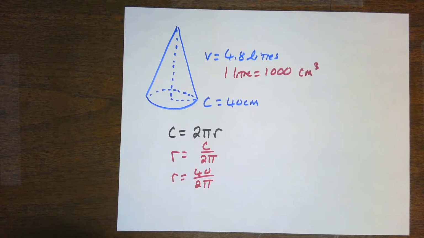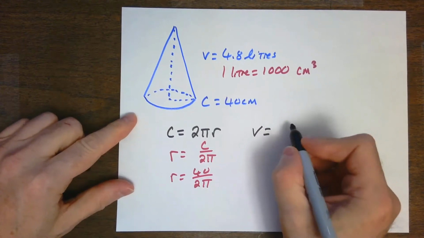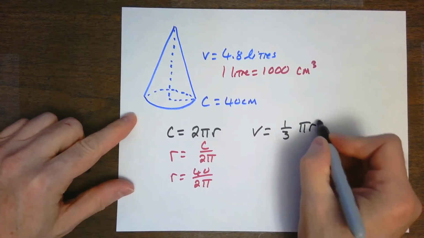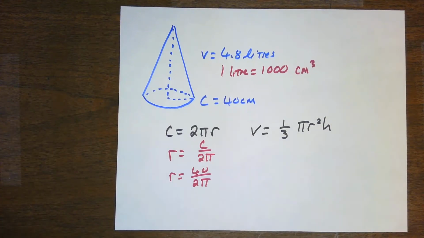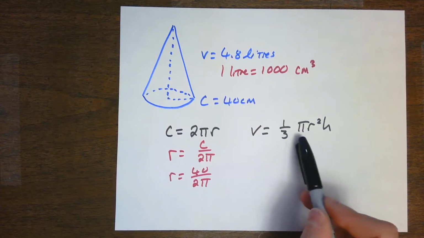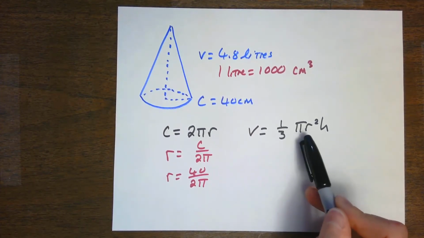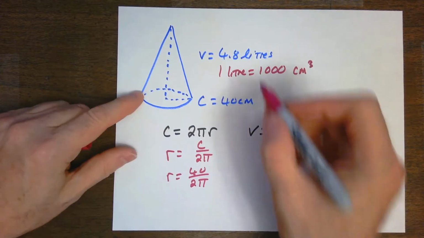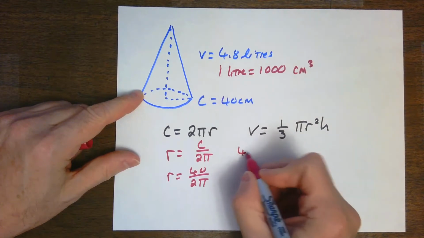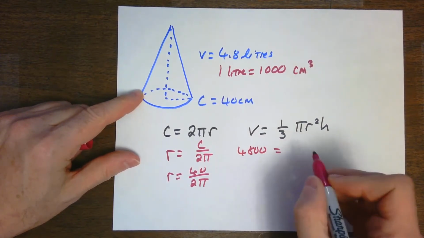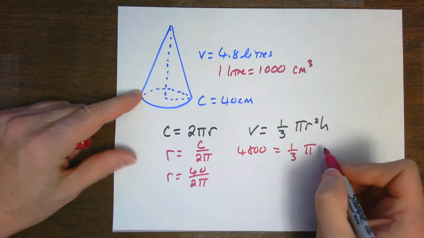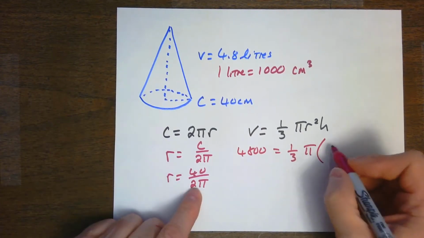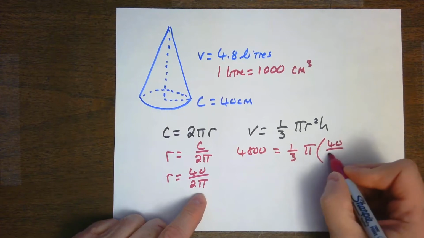Now to find the volume, I'm going to use the volume formula for a cone, which is 1/3 pi r squared h. It's a cone, right? 1/3 area of the base, it's a circle, pi r squared, times h. All right, substituting in, I know the volume. It's 4.8 liters, which is 4,800 cubic centimeters, is 1/3 pi times my radius, which I'm going to leave as 40 over 2 pi.